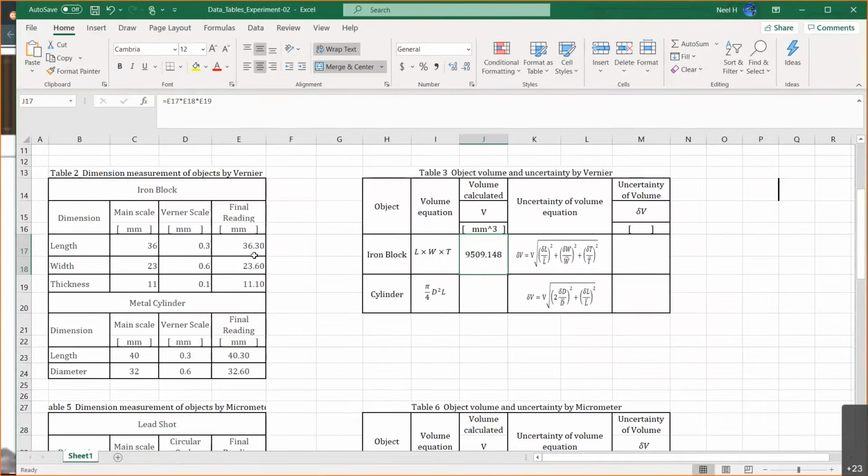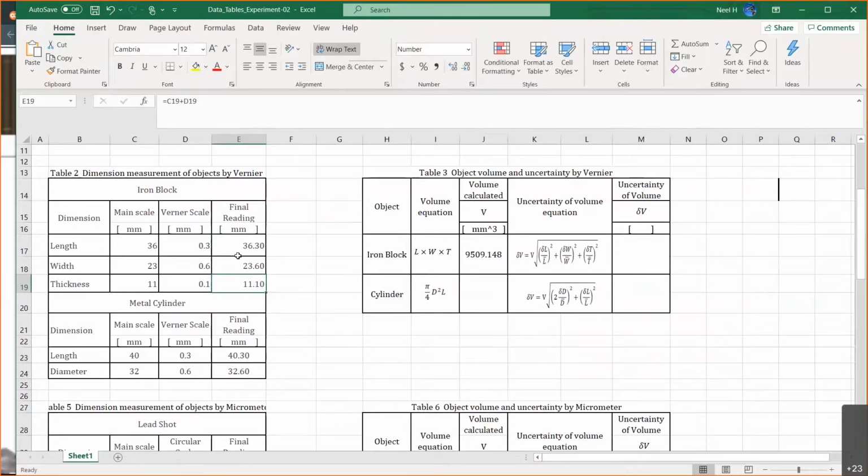Then you take a look at the accuracy or the significant figures. In this case, this is a calculated value: length, width, and thickness. I'm going to take a look at all the numbers here and then leave this number in terms of that significant figure. How many significant figures can I go?